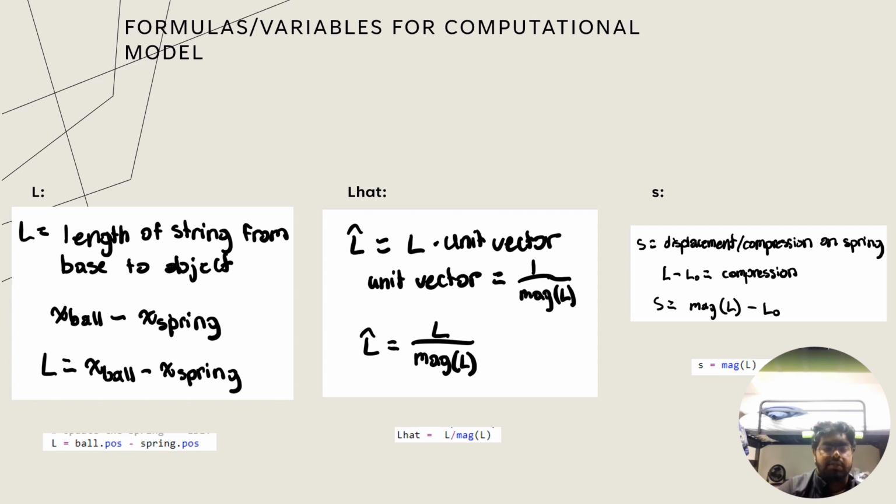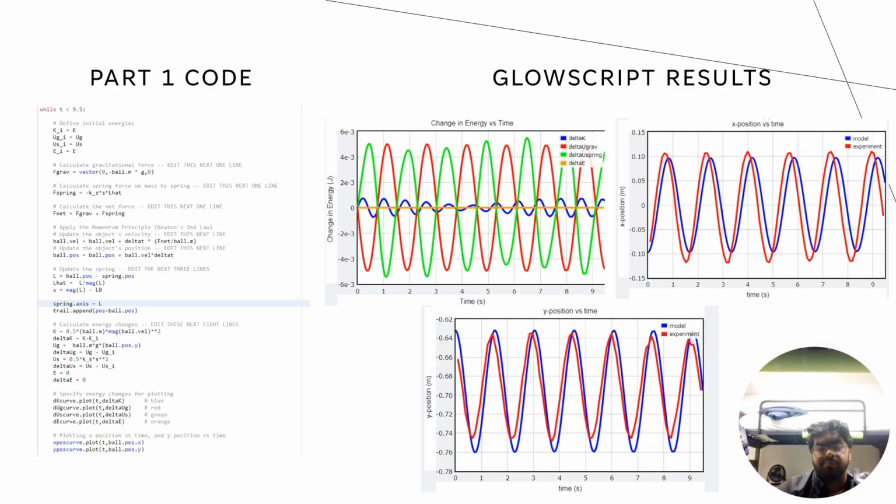It's the position of the ball minus the position of the spring. L hat would be L divided by the magnitude of L. And s is the same thing as the x in 1/2 kx squared, so it's the compression of the spring.